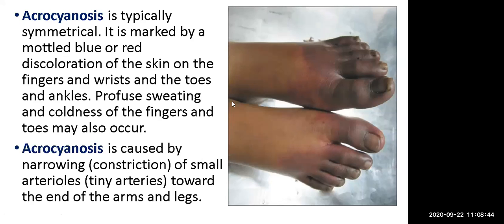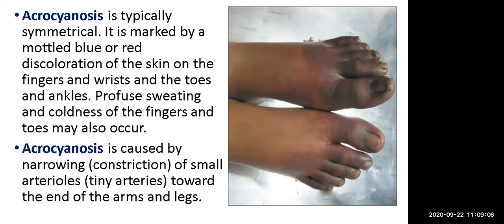So see, if you will see this condition, then it is very important to feel the temperature of the skin. You touch and you feel cold or warm. This is the acrocyanosis.